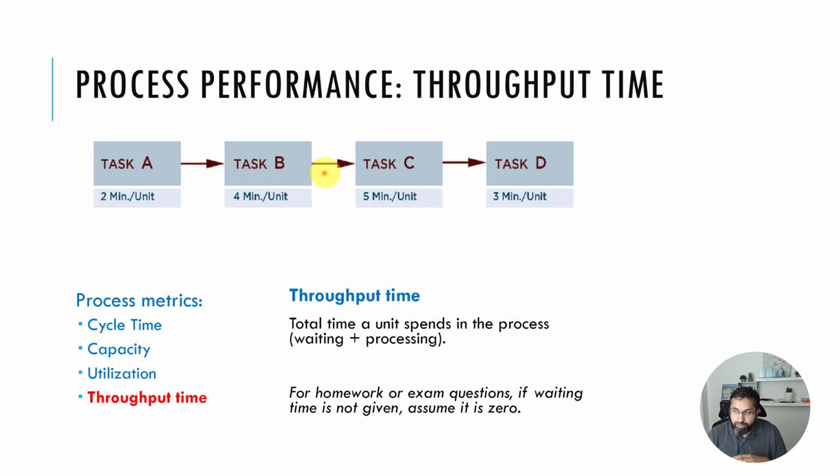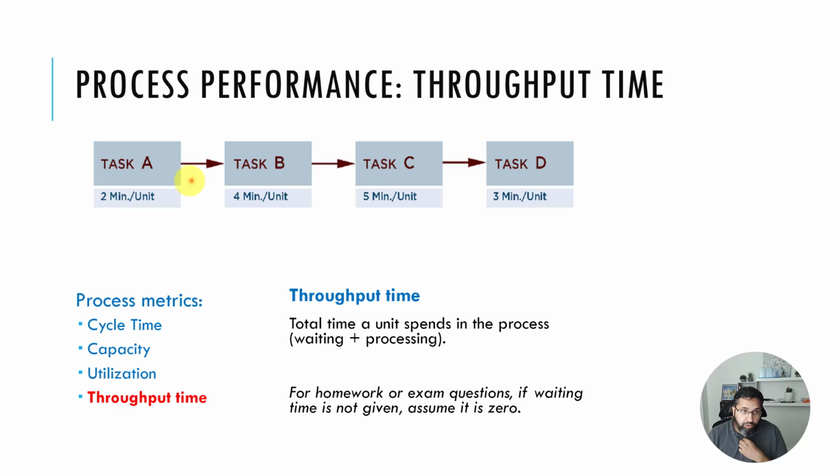Then task B is going to spend 4 minutes. Then it might wait here again because of blocking. Then task C is going to spend 5 minutes. Then it's going to wait here. Then it may not wait here because there's no blocking here, and then task D is going to spend 3 minutes. It's going to go out. So it's going to be 2 plus 4 plus 5 plus 3 plus a bunch of waiting times added up. So that's the throughput time.